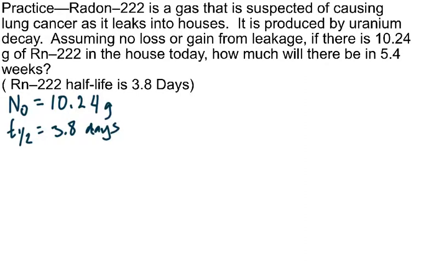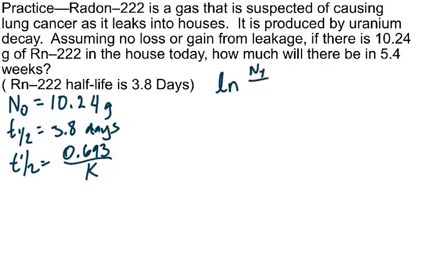We know that our half-life is 0.693 over k. So we can solve for our k value. And then we also know that other equation, let me write it down, the natural log of Nt over N0 is equal to negative kt.